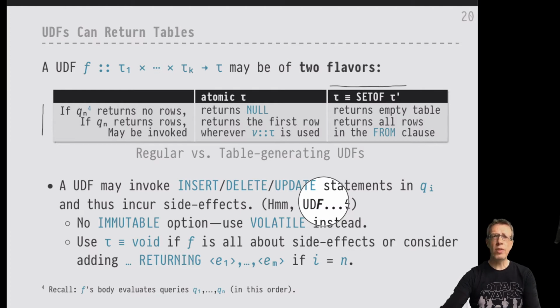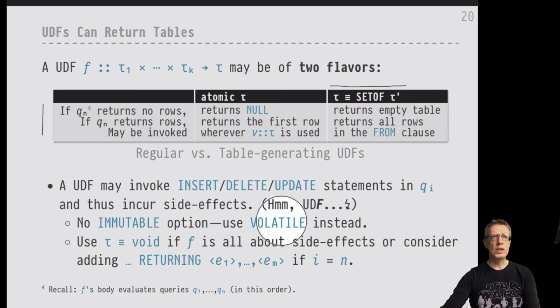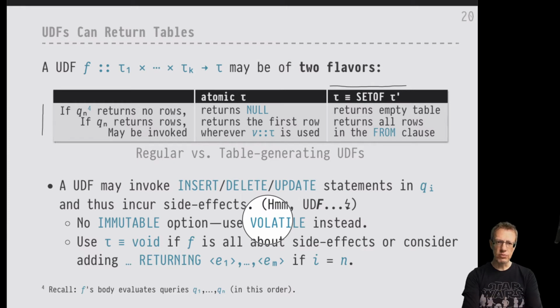What we have then with f is not really a function anymore because it incurs side effects on the rest of the database. It's then good style, actually it should be a requirement if you ask me, to not use the immutable option, use the volatile option instead. The volatile option would indicate to the rest of the system and to the readers of your function that indeed the body incurs some side effects on the database.